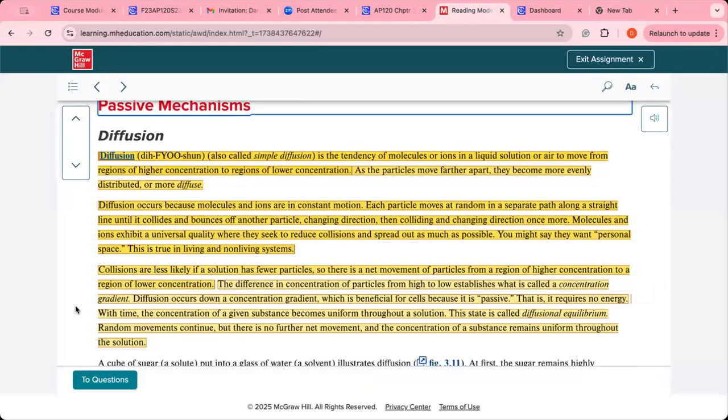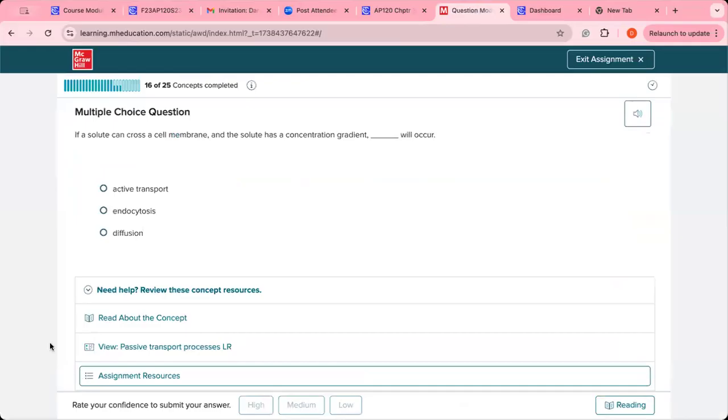Try diffusion and see, but diffusion is usually water across a membrane. So I'm not sure if it wants that or not. Go ahead and try it.